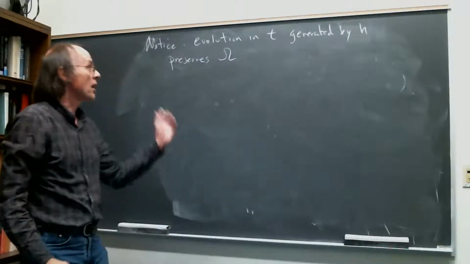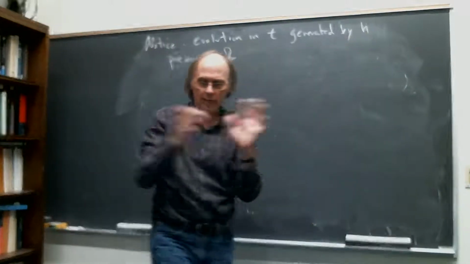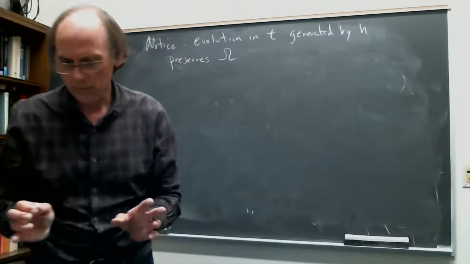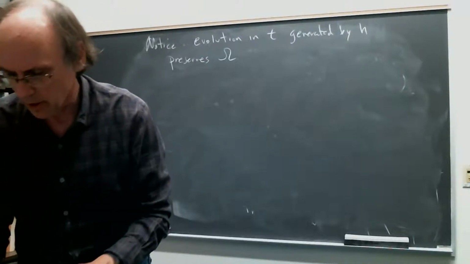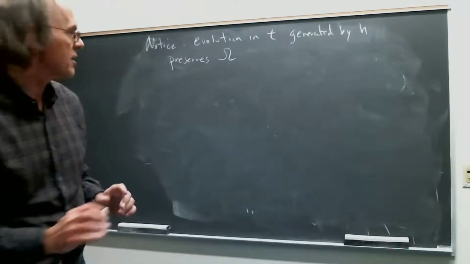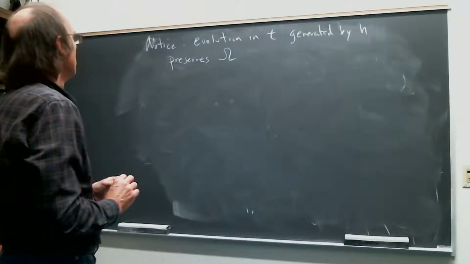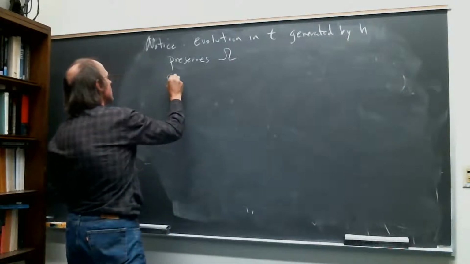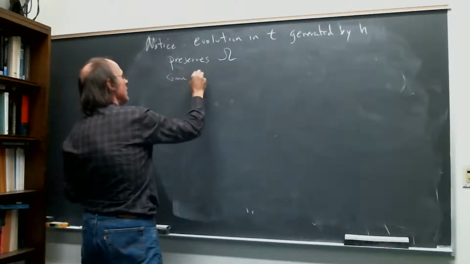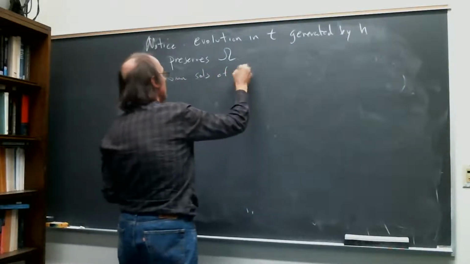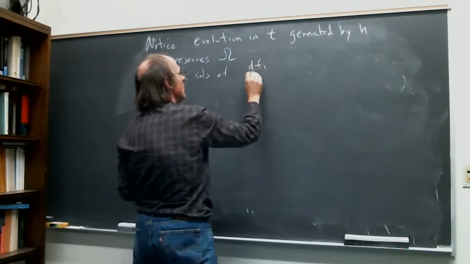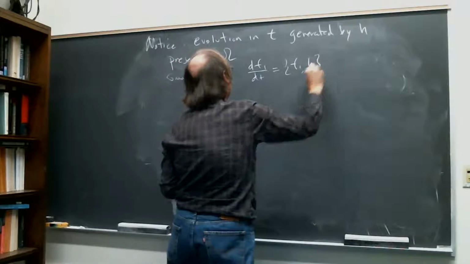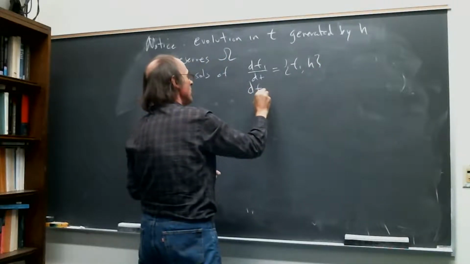In other words, not only if I solve that thing and get f of t, but I hope I got this right. Okay, yeah, the d/dt. Is this right? Yeah. And so what I mean by this is that given two of d f1 /dt and d f2 /dt.